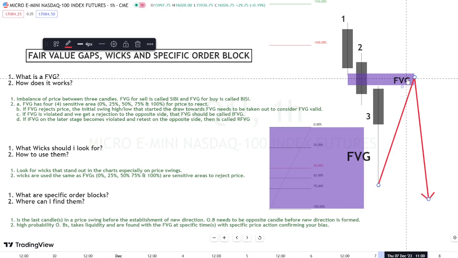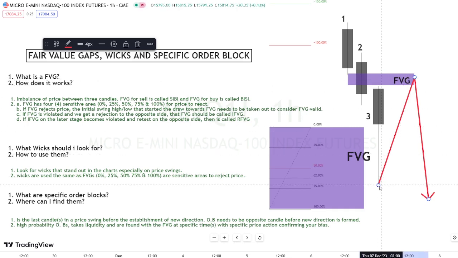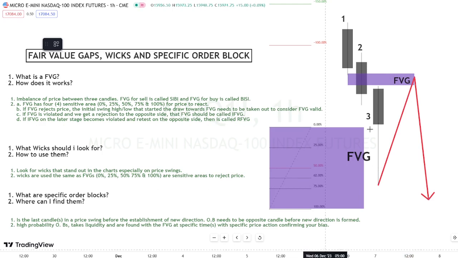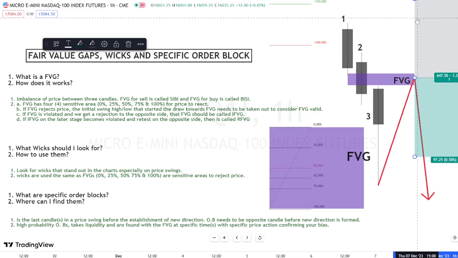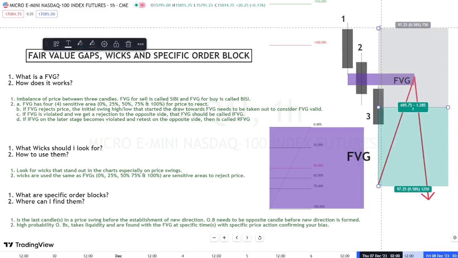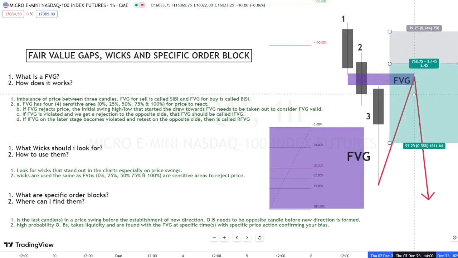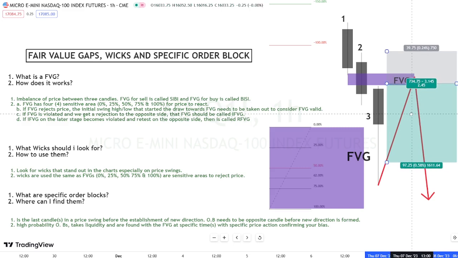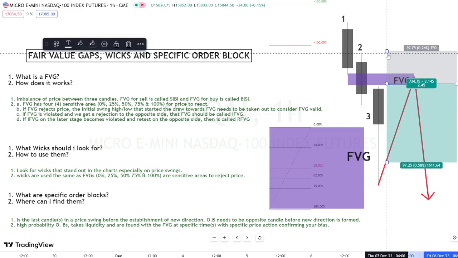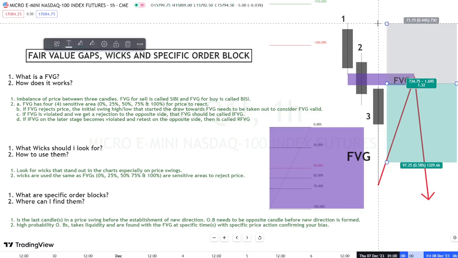So this means, if you take a trade using this, we're going for short. You wait for price to come to this. This is the fair value gap you utilize. Where do you put your stop loss? Either on top of this candle or that candle, it's up to you, depending on price.